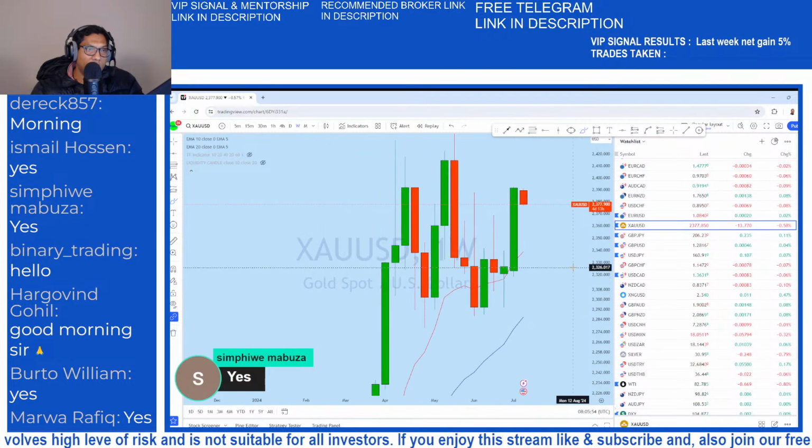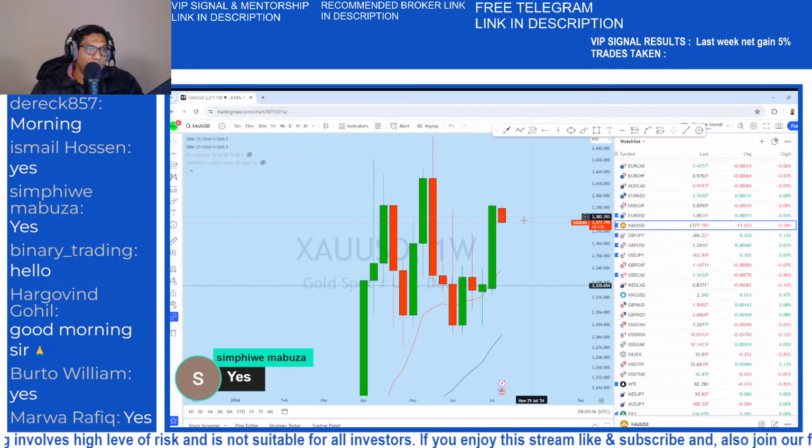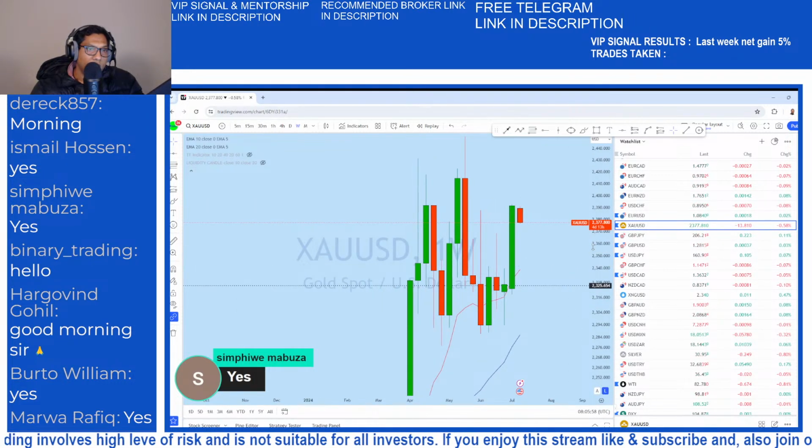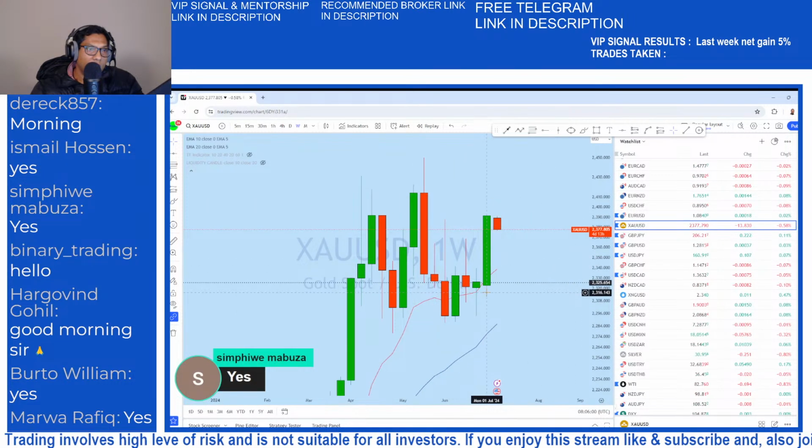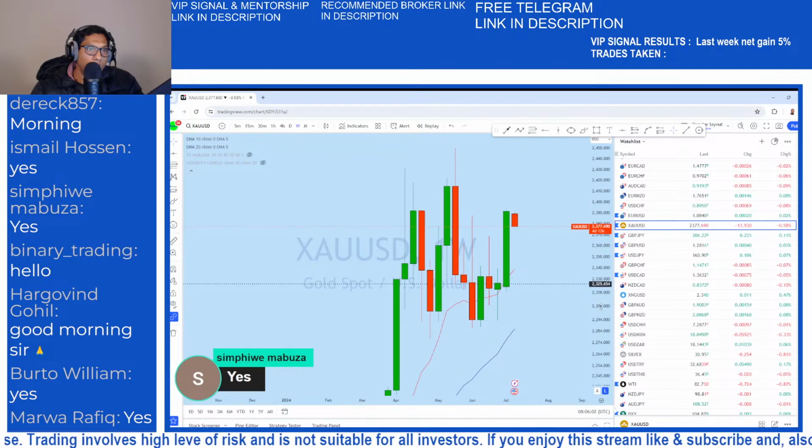Looking at the weekly chart, you can see that this is the weekly bullish engulfer on gold.